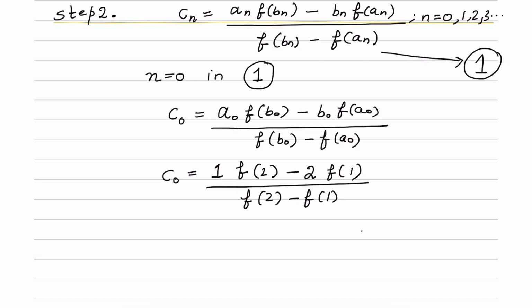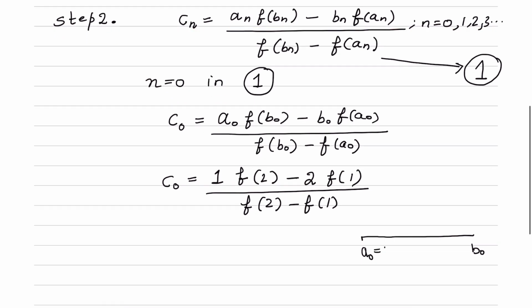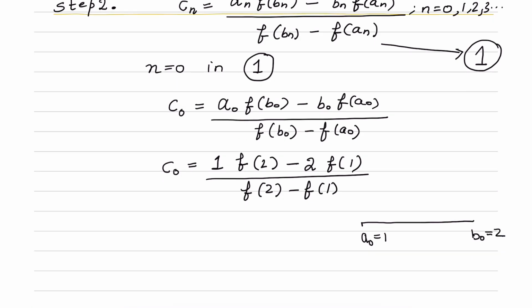Let's also draw the interval. On one end we will denote it by A0, another end we will denote it by B0, and we have A0 as 1 and B0 as 2. So for this interval A0 B0, we will find the first false point, which we will denote by C0.